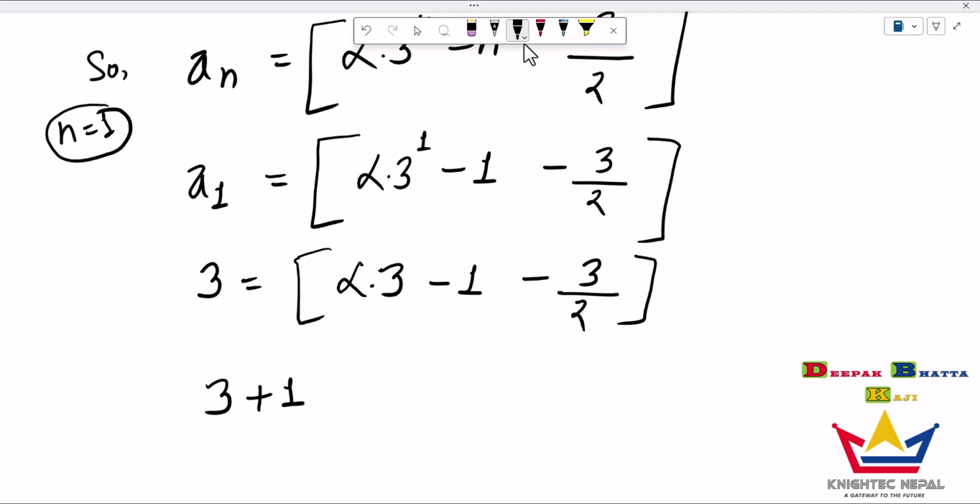So 3 plus 1 plus 3 divided by 2 then equals 3 alpha, right?